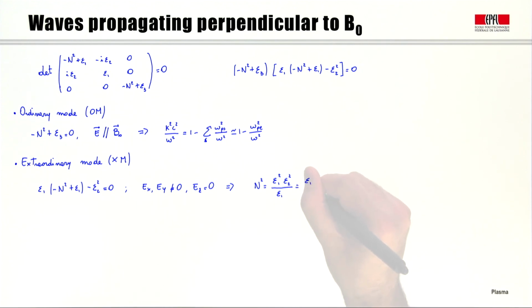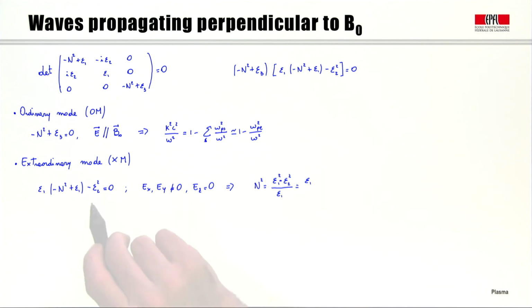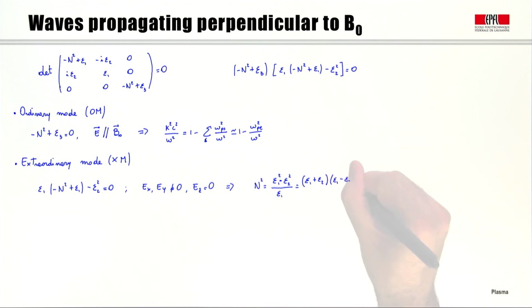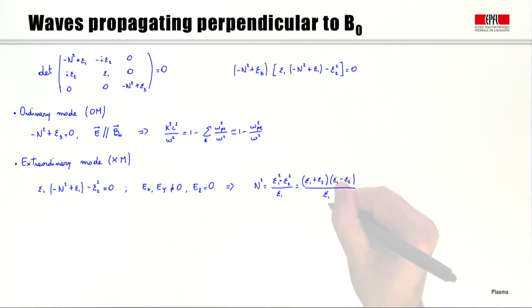minus epsilon 2 squared, divided by epsilon 1. Sorry, there is a minus here. It's the difference between epsilon 1 squared and epsilon 2 squared. And this can be decomposed as epsilon 1 plus epsilon 2 times epsilon 1 minus epsilon 2 divided by epsilon 1.